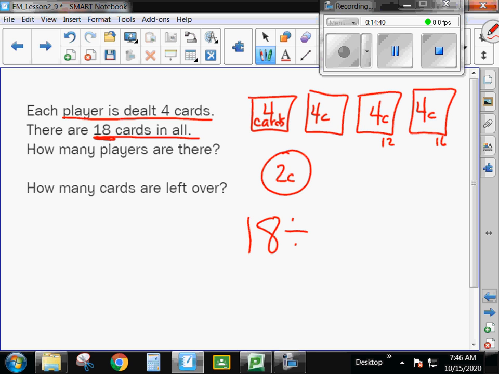This time I was dividing them up into groups of 4. Now, how many equal groups of 4 could I make? I was able to make 4 equal groups. This group doesn't really count because it wasn't an equal group. But how am I going to show that in my answer? With a remainder of 2.